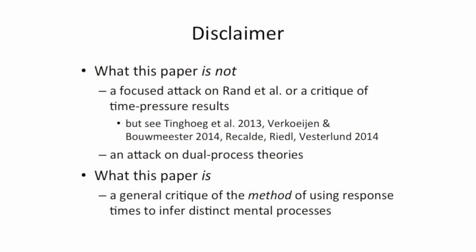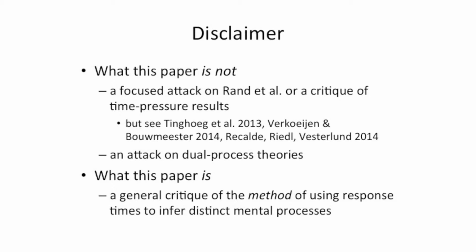This paper is not a focused attack just on Rand et al., nor is it a critique of the time pressure results, though those results are controversial and have been questioned by several other papers. Nor is this paper an attack on dual process theories. I'm not saying that there's no clear evidence that in some cases dual process theories are at work.